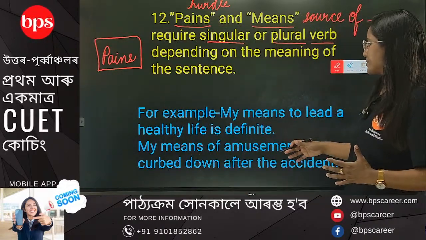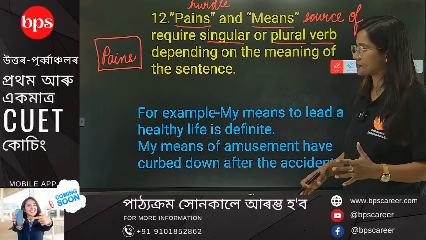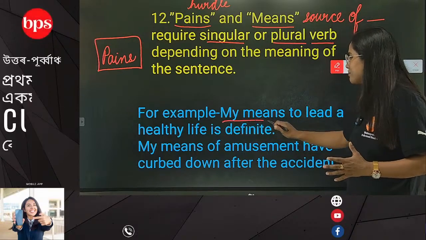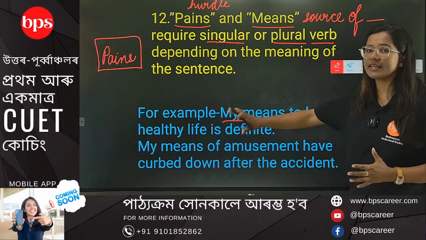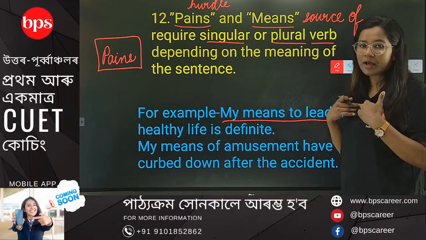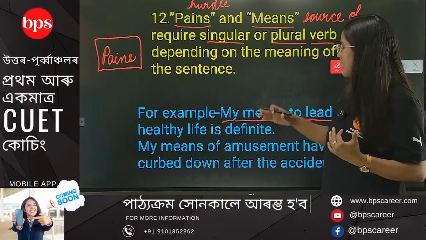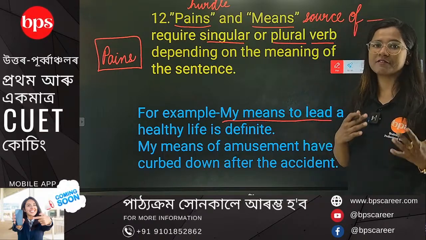Going with the examples, my means to lead a healthy life is definite. Here it says my means to lead a healthy life, that means for leading a healthy life, the pronoun here is my. My means to lead a healthy life is definite.